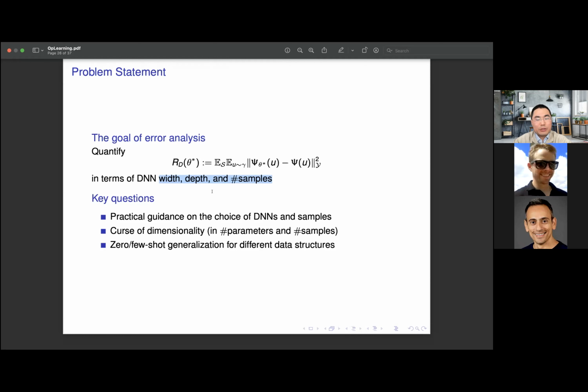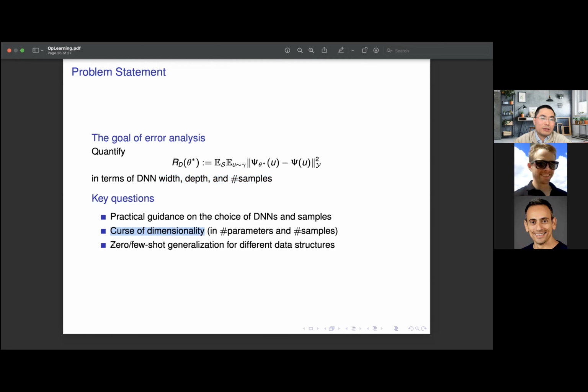And we especially pay attention to the so-called curse of dimensionality. In other words, whether the size of the network, whether the number of examples might grow exponentially fast when the dimension of the problem increases.